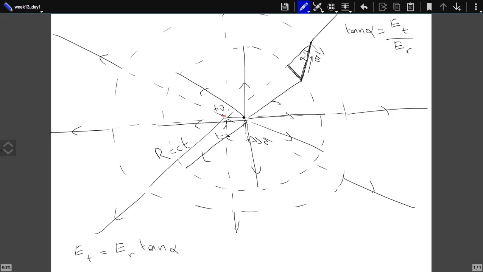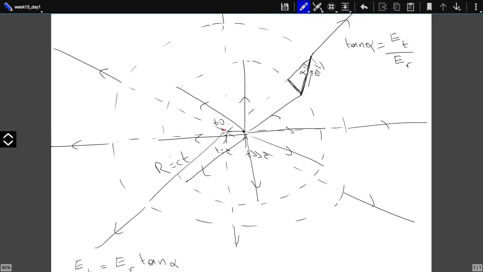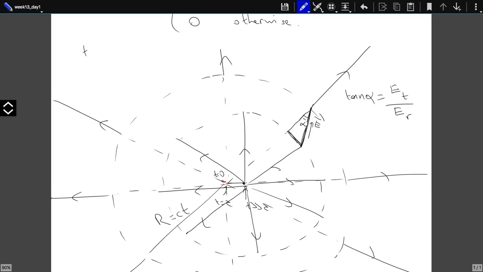Now, what about the radial component of the electric field? Well, let's see. I know the radial component of the electric field over here. It is just 1 over 4 pi epsilon 0 q over this distance squared. I also know what the radial component of the electric field over there is.